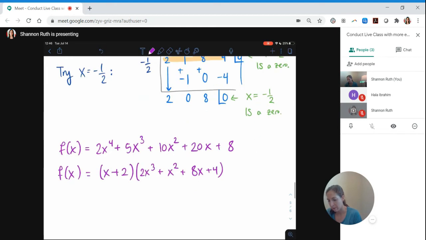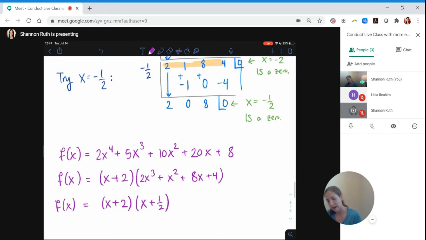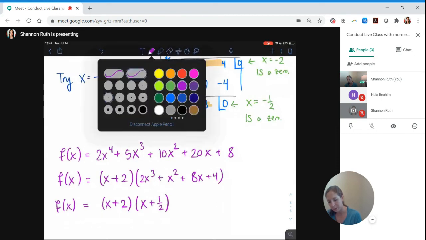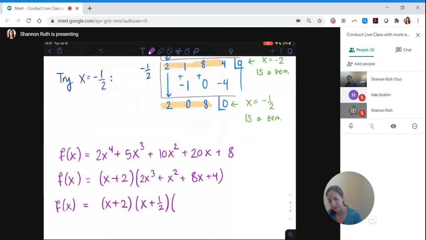Then next, I would have a factor of x plus 1/2, because that would produce the 0 of x equals -1/2. And then my remaining polynomial is down to degree 2. Coming from this line of 2, 0, 8, I would have 2x squared plus 0x plus 8.